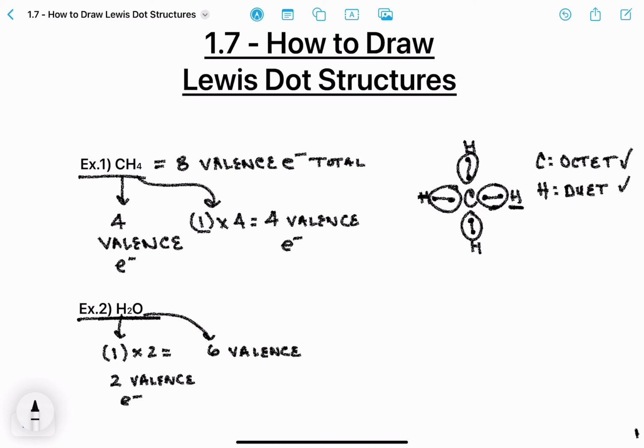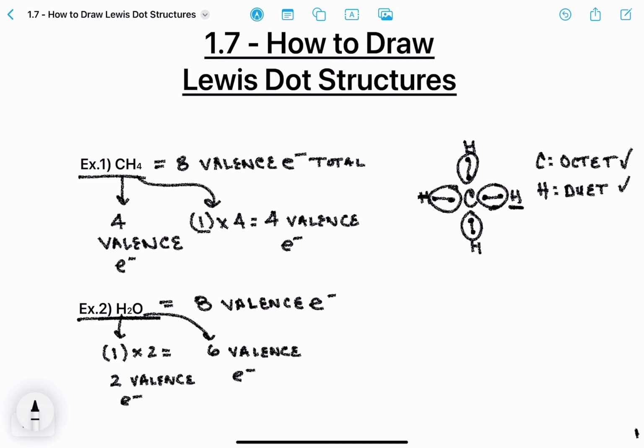So the molecule overall has 8 valence electrons. In the last example, we didn't really make use of the fact that there were 8 valence electrons total in the molecule. But as we deal with more complicated, larger molecules, we'll actually need that information. So I've included it in the steps of determining the Lewis dot structures.